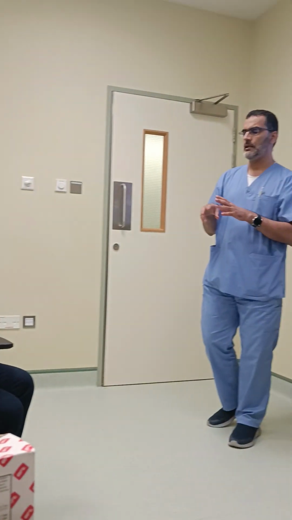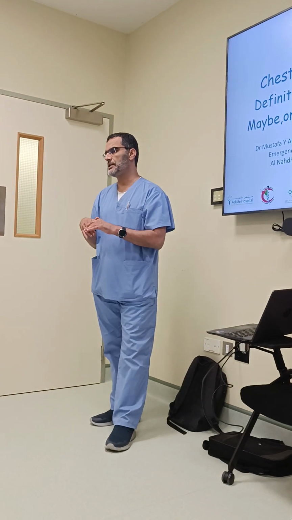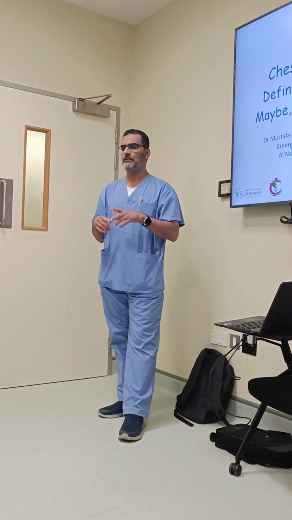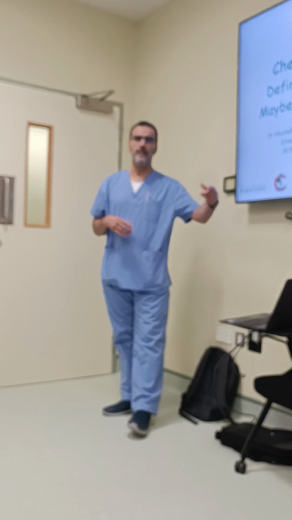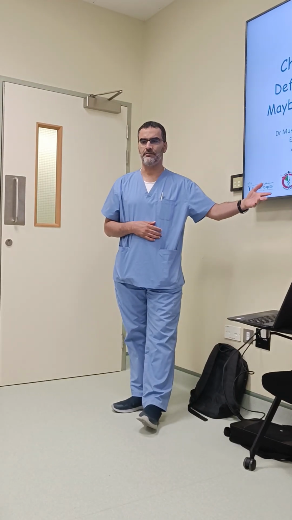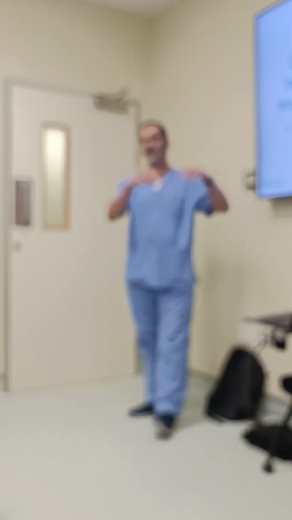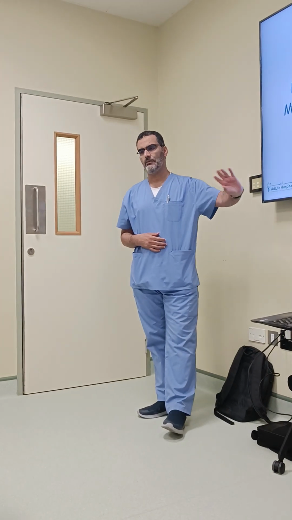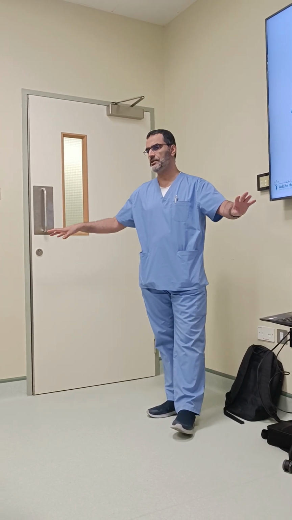Okay, so if his saturation is normal, he's asthmatic, right? If his saturation is normal, you can give him nebulization by nebulizer machine without oxygen. A nebulizer without oxygen is fine because saturation is good.